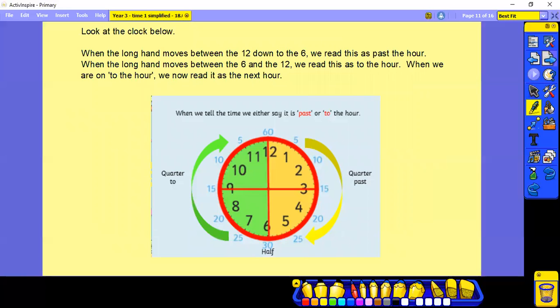So look at the clock below. When the long hand moves between the 12 down to the 6, we read this as past the hour. When the long hand moves between the 6 and the 12, we read this as to the hour. When we are on to the hour, we now read it as the next hour.